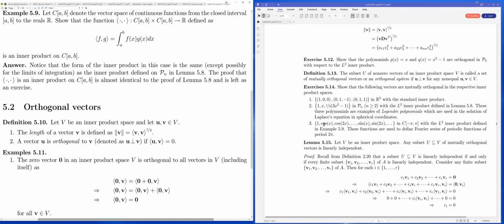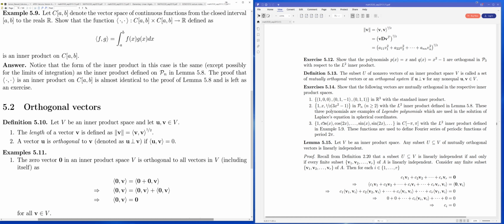These are continuous functions belonging to the vector space of continuous functions between minus pi and pi. And for these functions, I can define an L2 inner product similar to the one that I had with polynomials. But what I'm doing now is, again, multiplying the functions, but integrating between pi and minus pi.